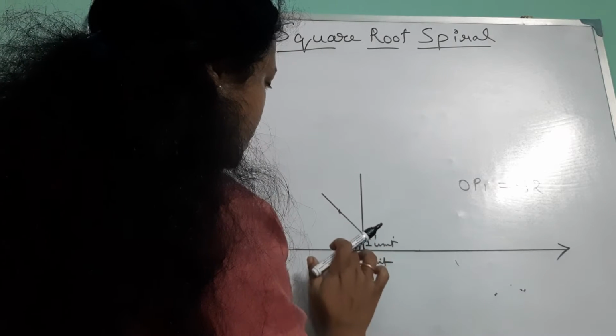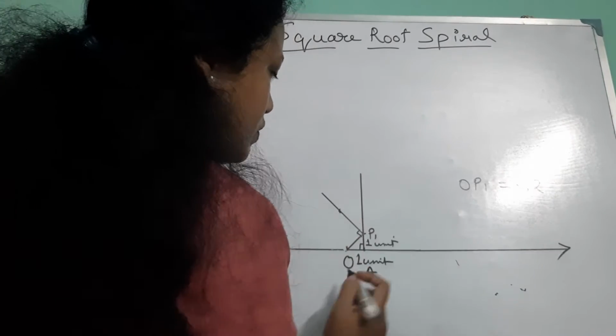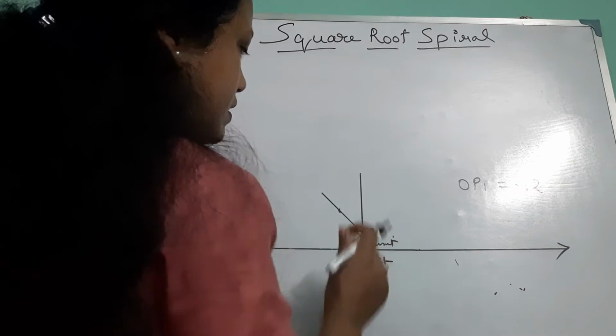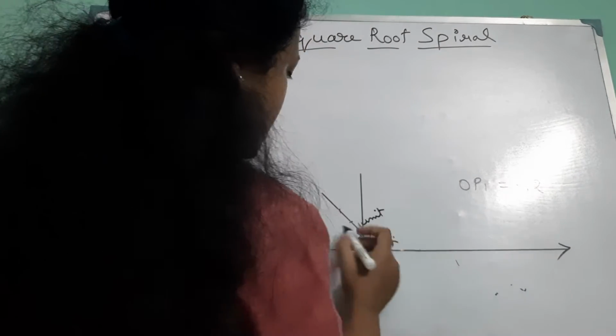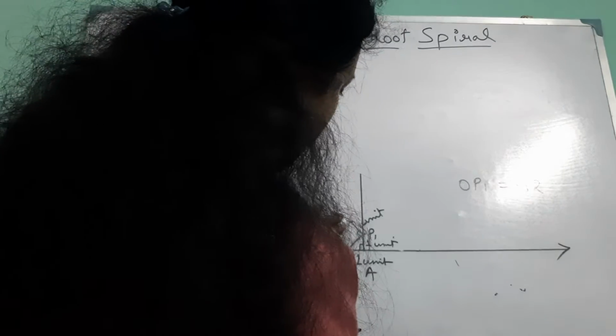One thing here: we have drawn the 90-degree line, but here also we have to take 1 unit. Whatever 1 unit we have taken, on this line also we have to take the same length. So this one is 1 unit. Now join this point with this point.